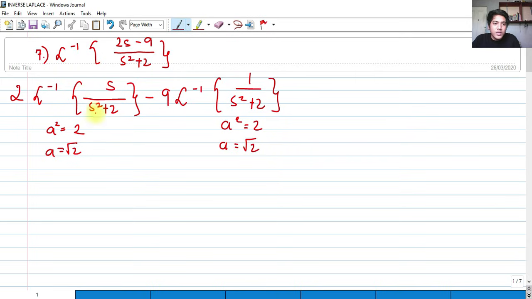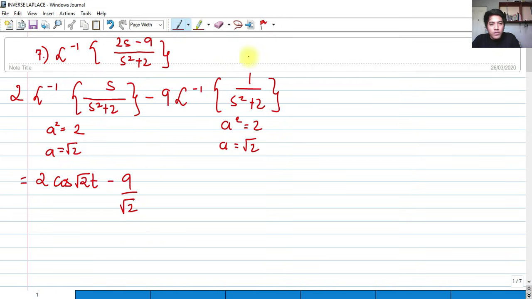So the difference is this is cosine of s over s squared plus 2. So that would be 2 cosine of at, where a is square root of 2. Okay, minus 9 multiplied by this. This is sine. So we have to offset square root of 2 over square root of 2. So we have 9 over square root of 2.